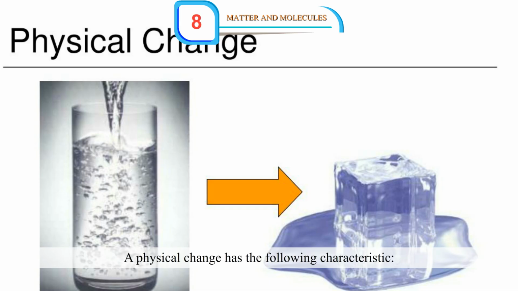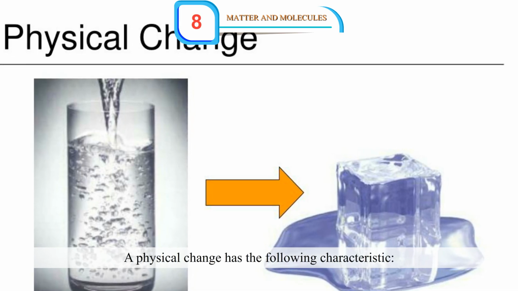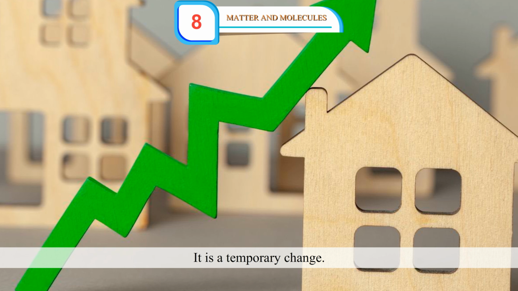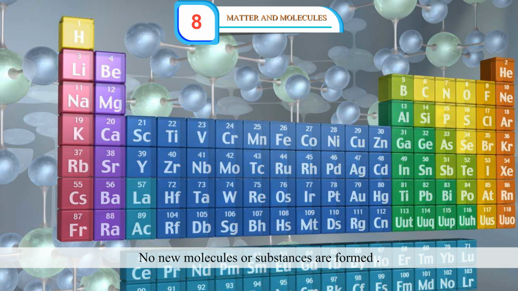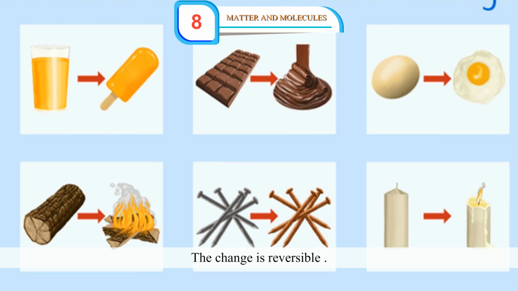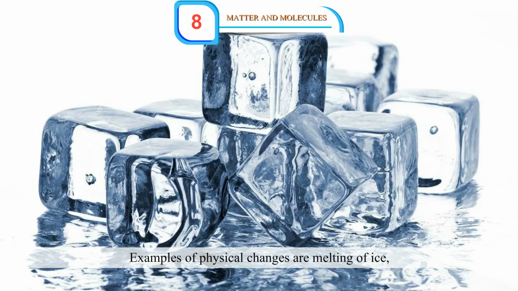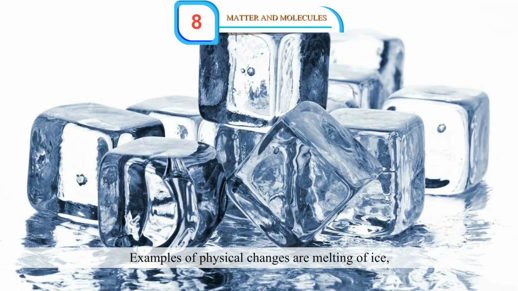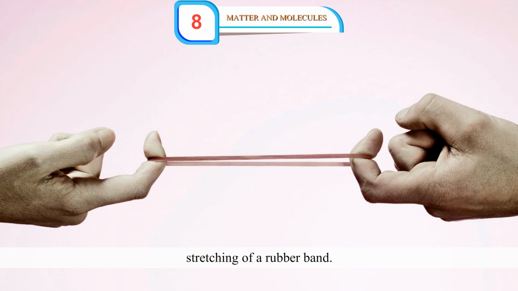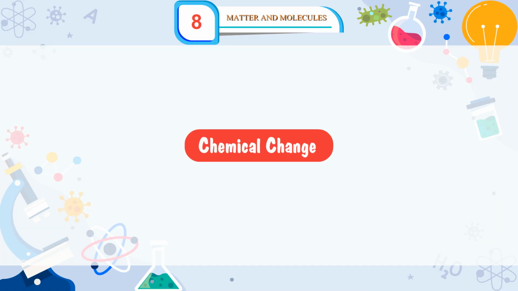Physical change. A physical change has the following characteristics. It is a temporary change. No new molecules or substances are formed. The change is reversible. Examples of physical changes are melting of ice, folding of a paper, stretching of a rubber band.